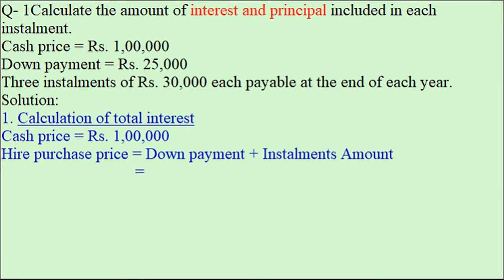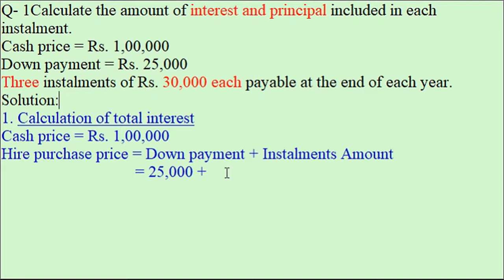So the buyer has to make a down payment of rupees 25,000 plus he has to pay 30,000 installment every year for 3 years. So the total amount of installment will be 30,000, 30,000, 30,000.